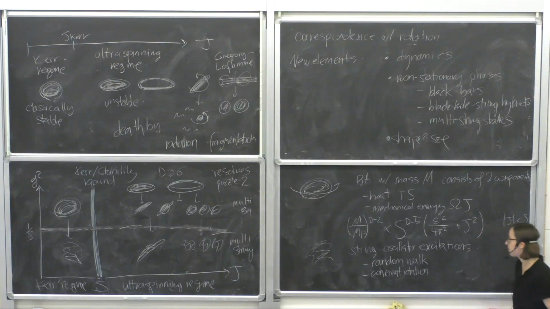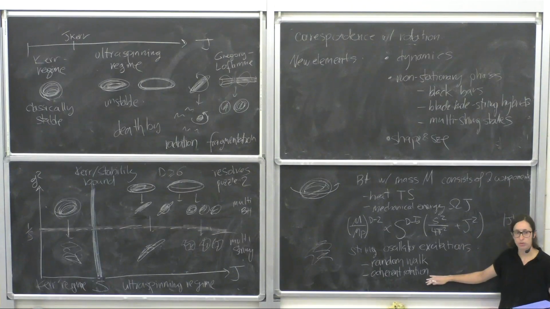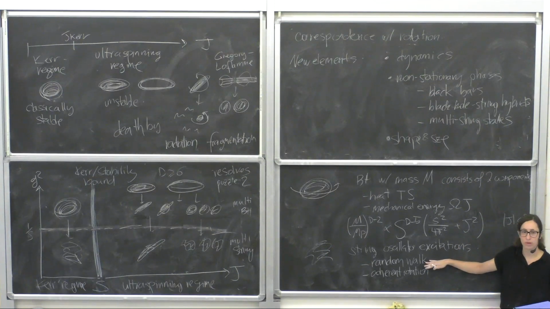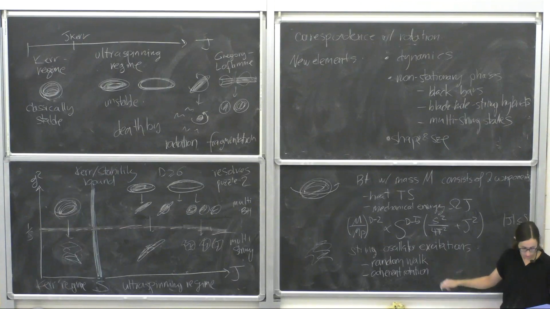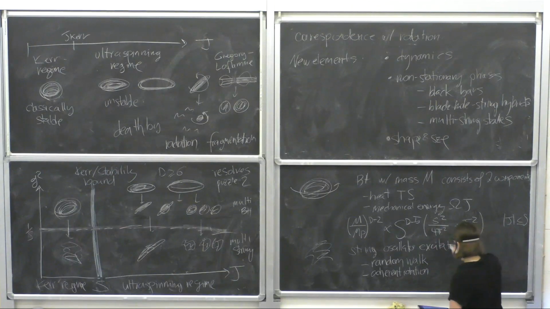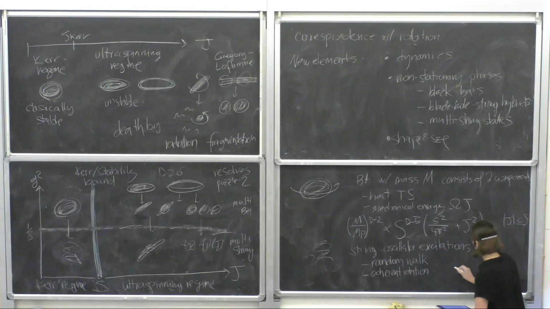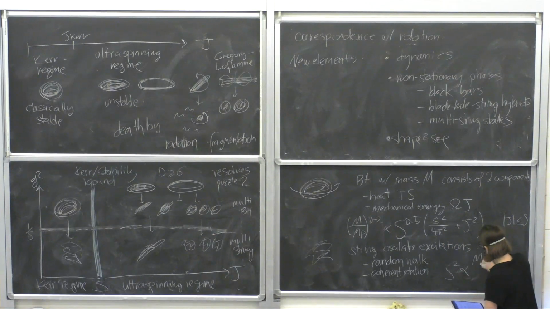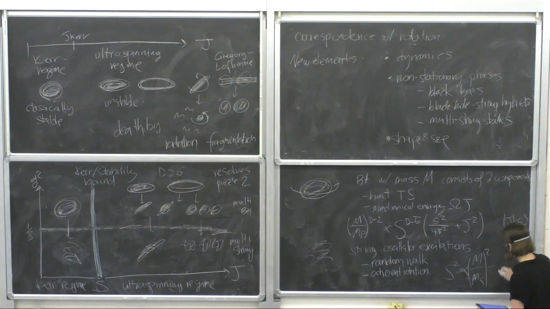Okay? If I use more energy to make the string rotate, I have less available to make it random walk. So I can write down another formula here for strings that relates the square of the entropy to the mass in string units squared minus 2j.